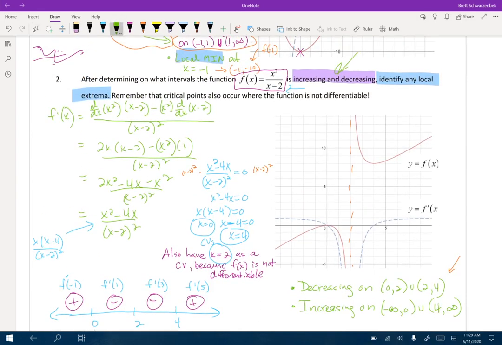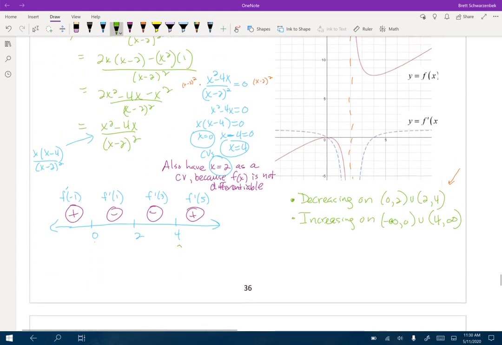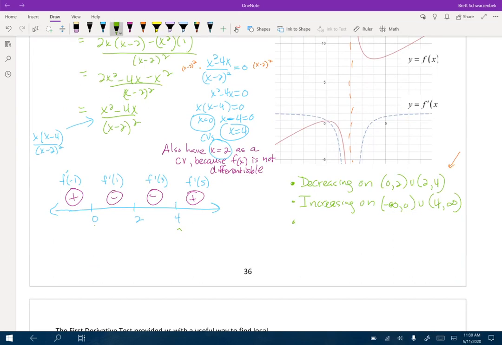So now we have to identify local extrema. This is where we have to do a little analyzing. In green, I'm going to look at where there's a sign change. There's a sign change here, not here, and yes here. The key is seeing that.